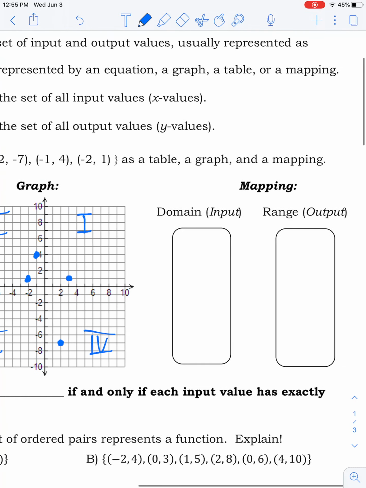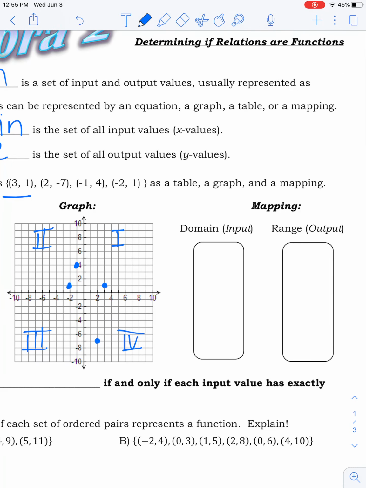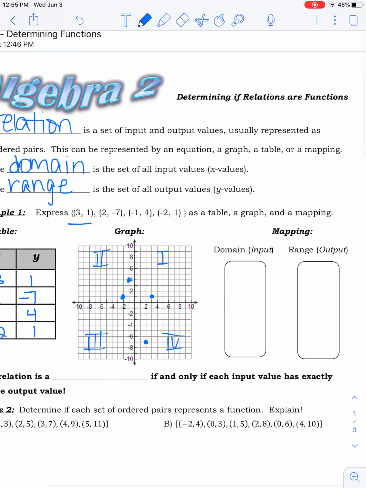All right, finally for the domain and the range, I'm going to list all the x values for domain and all the y values for range. So let me highlight in yellow. For domain, we'll have a 3, a 2, a negative 1, and a negative 2. I'm going to start with the lowest, negative 2, and then negative 1, then 2 and 3, and just put them in increasing order.